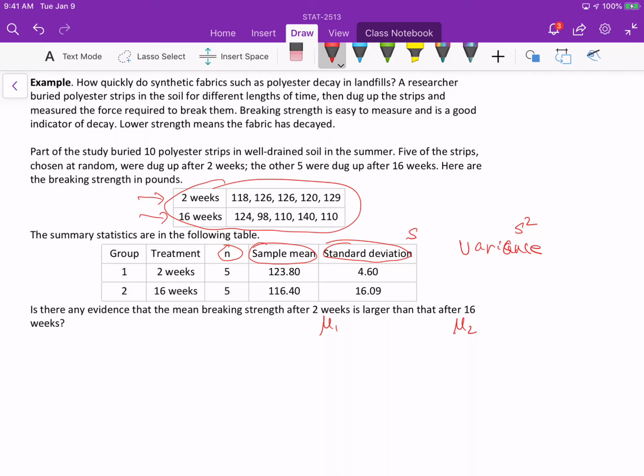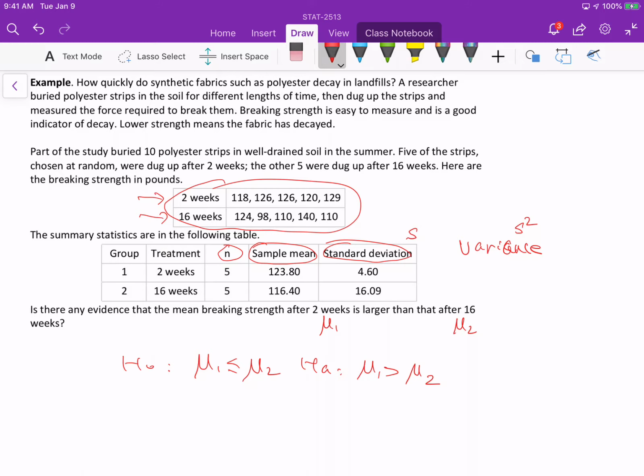So we first figure out the alternative hypothesis, which will be mu1 greater than mu2. And the null hypothesis will be the complement, so mu1 smaller than or equal to mu2.